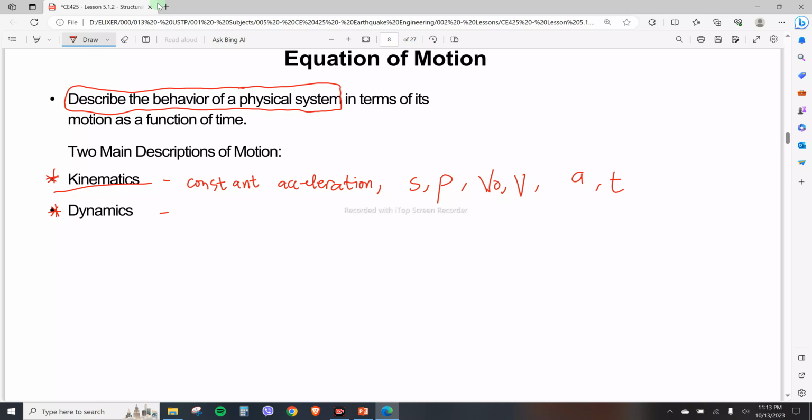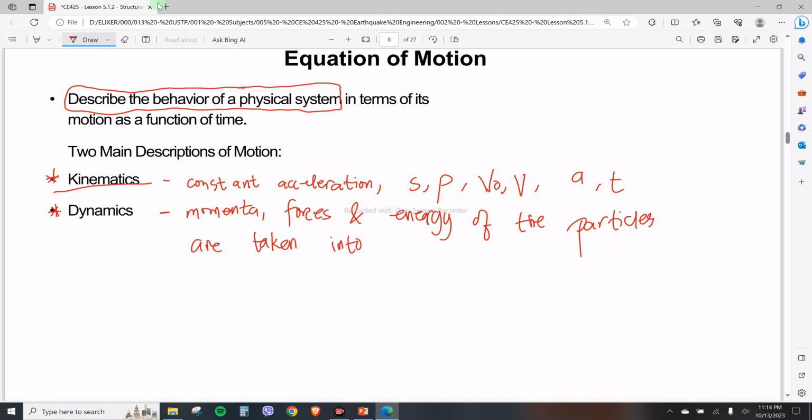Now, in dynamics, as in structural dynamics this time, in general, we include the momenta, forces, and energy of the particles, which are taken into account.